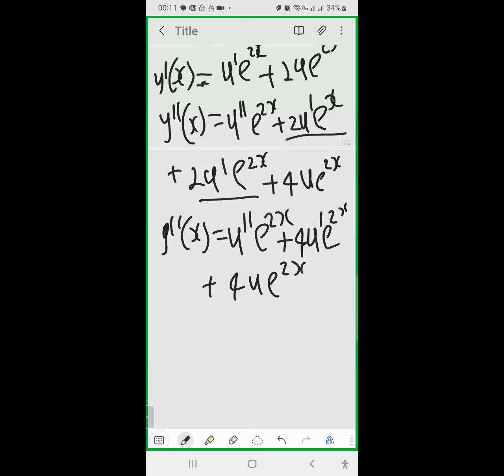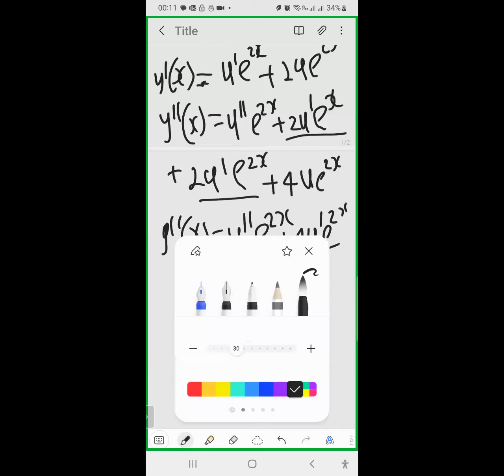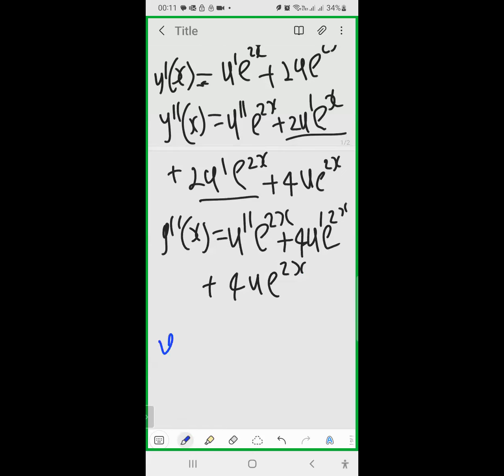Our y double prime is u double prime e to the power 2x, plus 4u prime e to the power 2x, then plus 4u e to the power 2x.